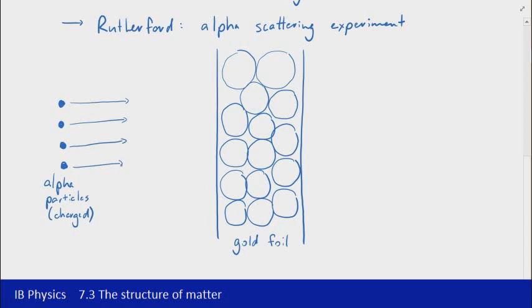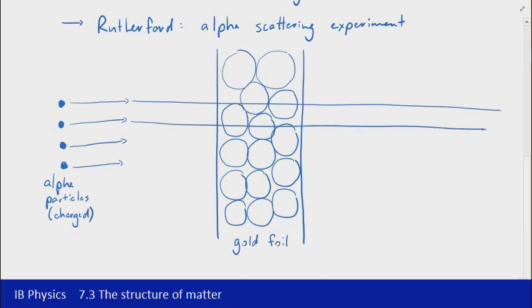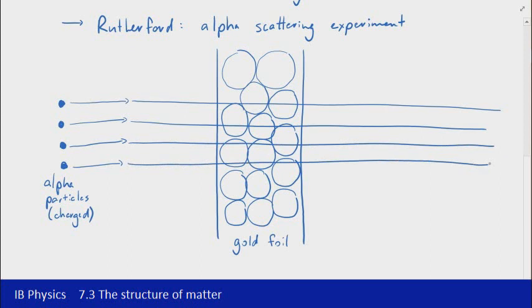Now, the expectation, based on the fact that at the time the understanding of the atom was Thomson's plum pudding model, the hypothesis was that most of these should just pass straight through. So that was the expectation, because if you consider the plum pudding model, the charge is fairly evenly distributed throughout the atom.